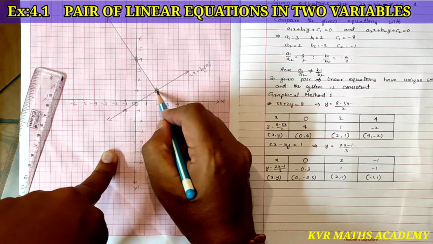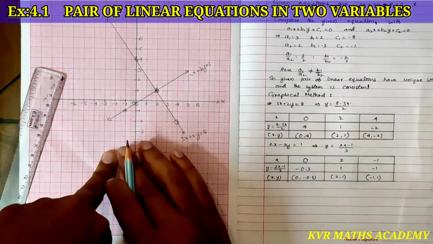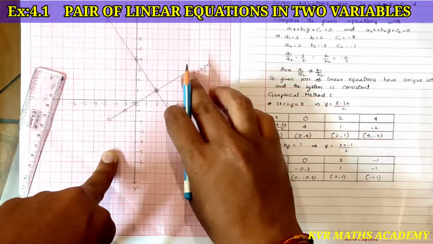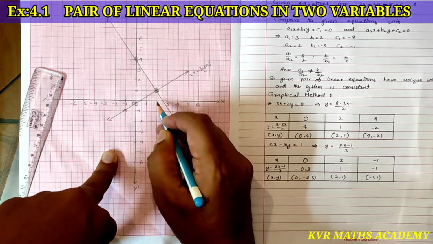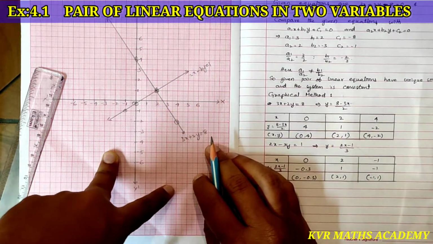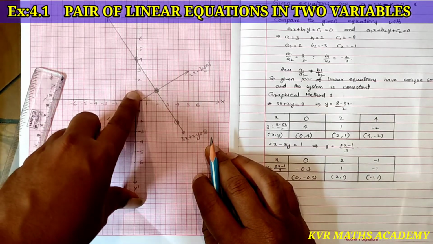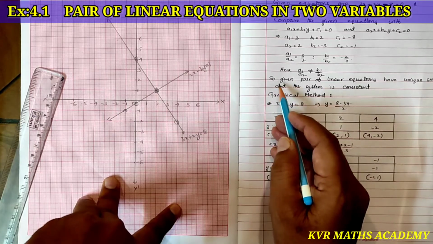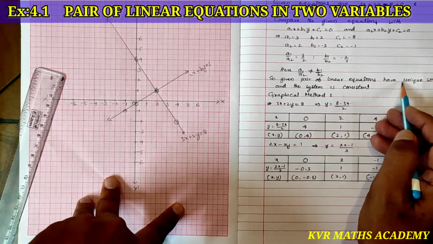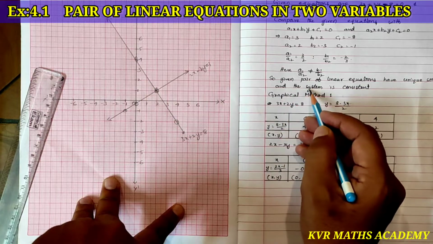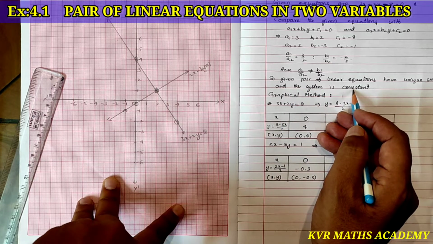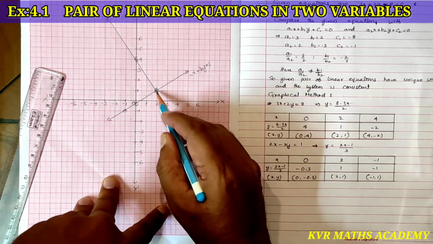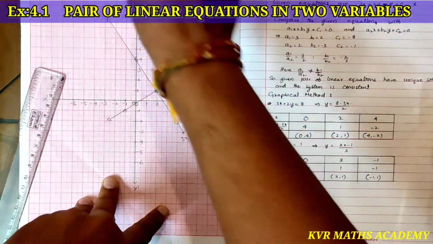So the solution for these two equations is 2, 1, where 2 is on the x-axis and 1 is on the y-axis, right? Already we have written that the given pair of linear equations has a unique solution and this system is consistent. That is right.